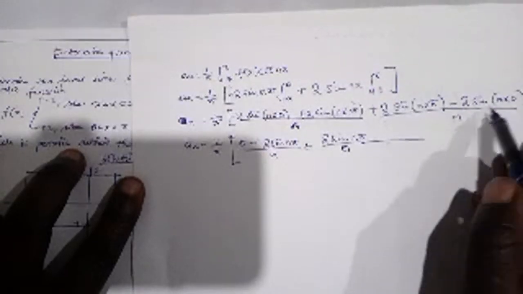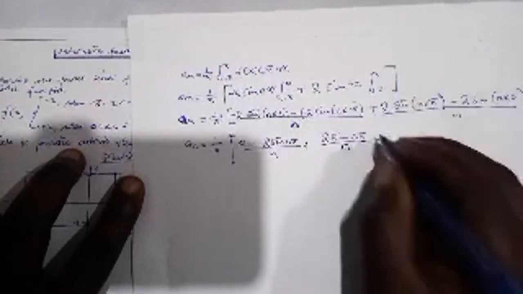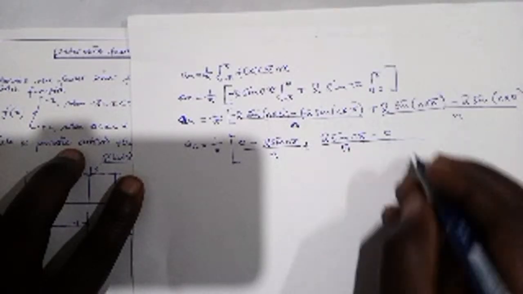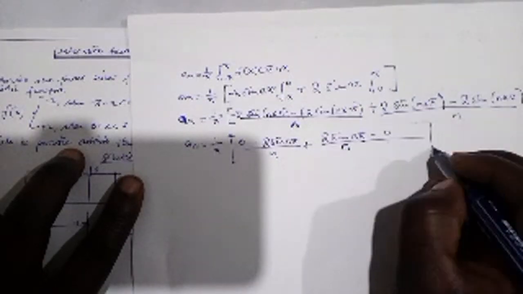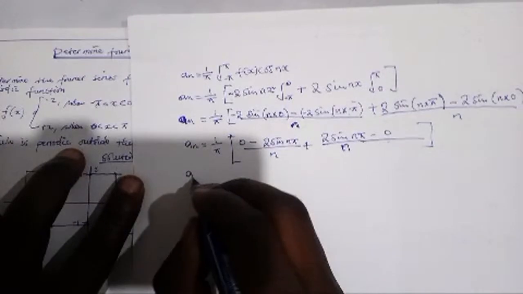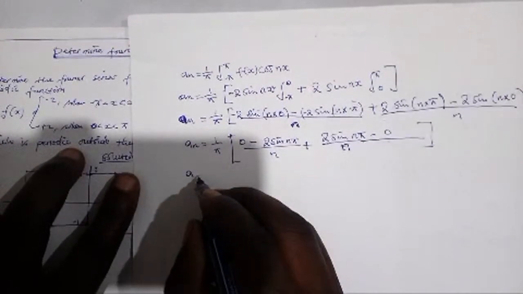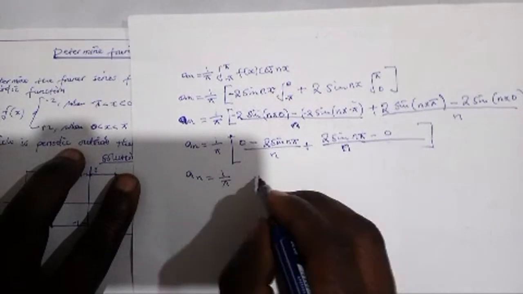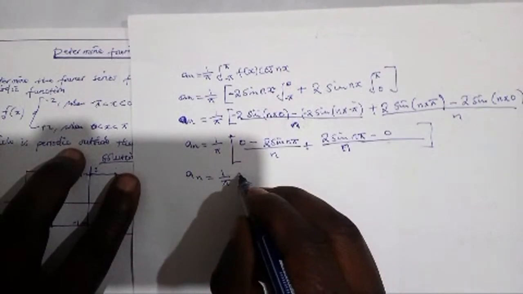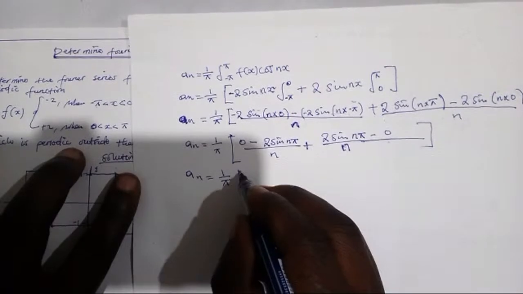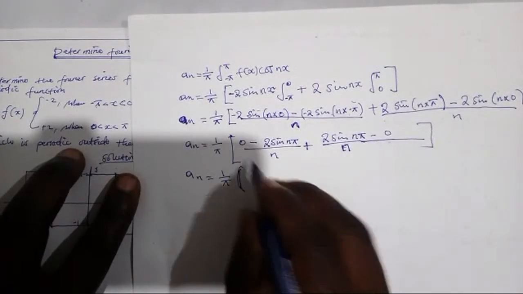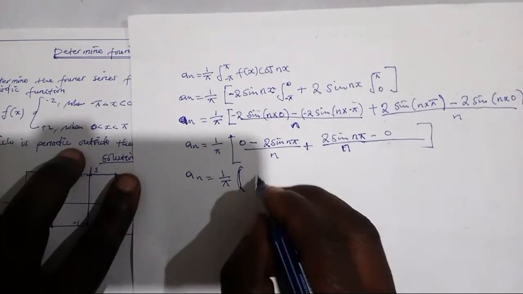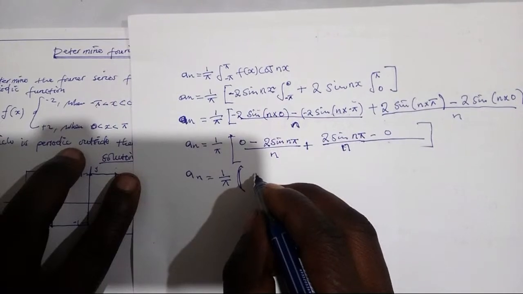Then here sine 0 is 0, so here we have minus 0. Then you close the square bracket, then a sub n should be equal to 1 over pi, then open bracket, 0 minus 2 sine nx.